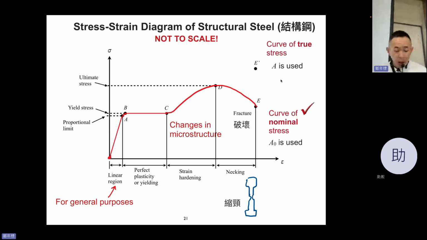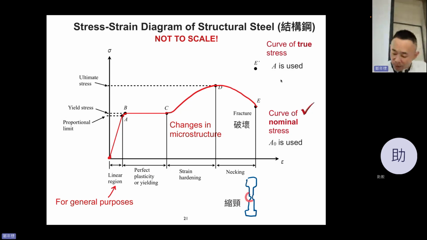This red line is the curve of nominal stress, or engineering stress, so the original A0 is used. However, for the true stress curve, you use the area at each point, and you will find that after the elongation, the cross-section area shrinks dramatically.